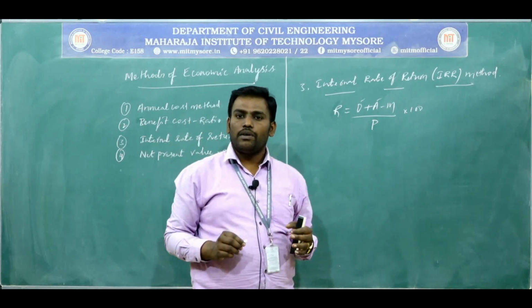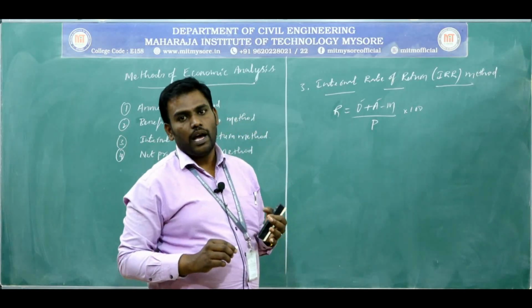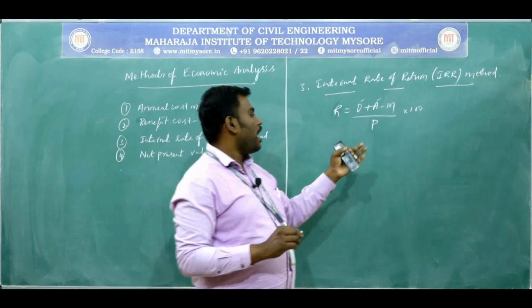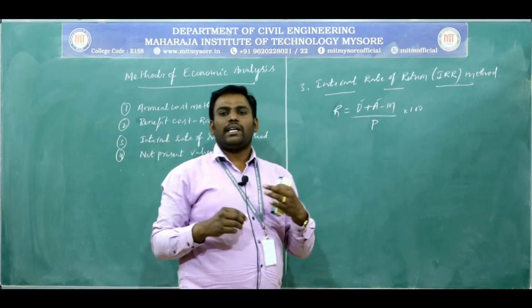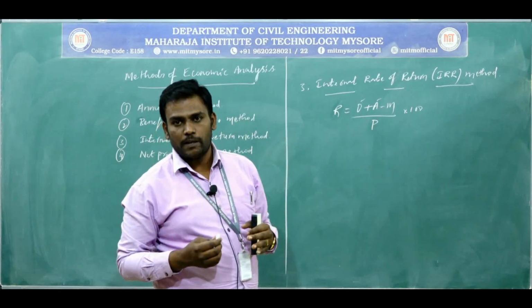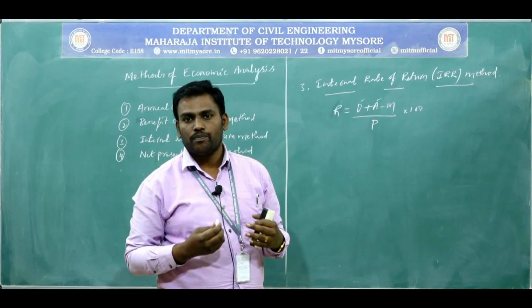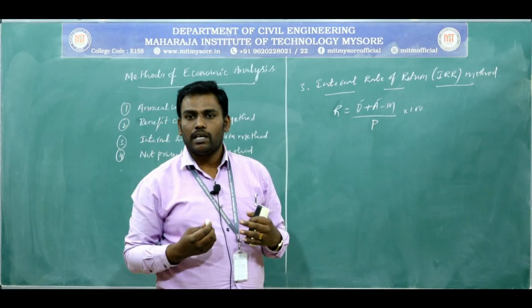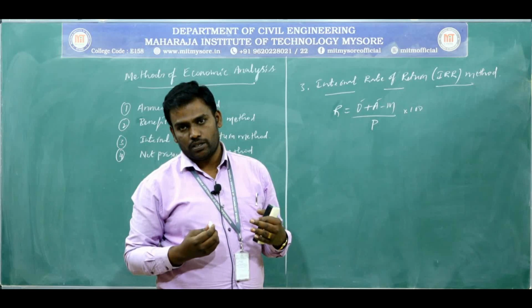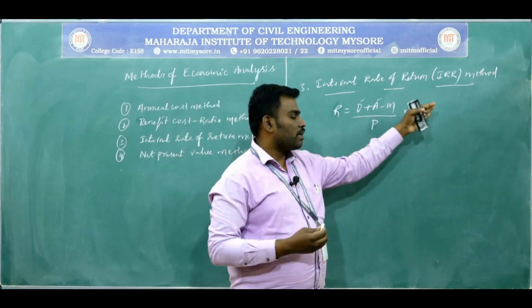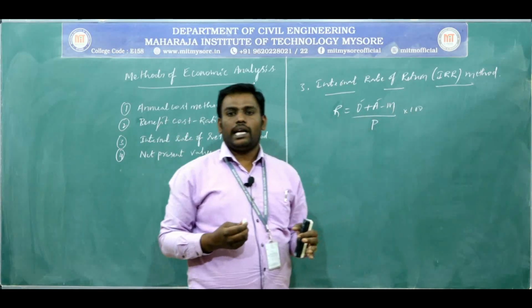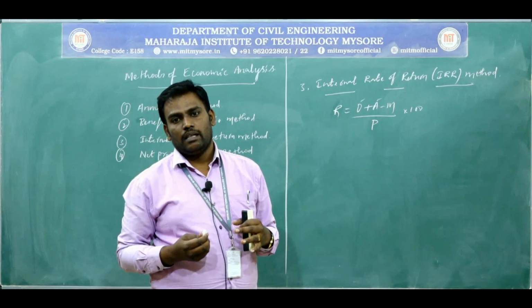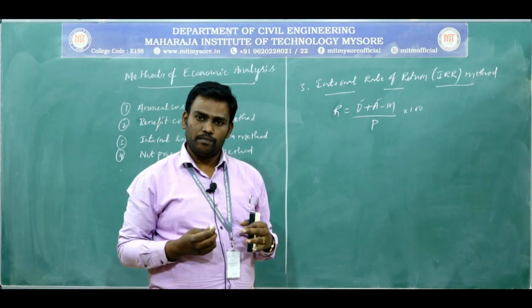P is the capital cost of improvement, that is investment cost. The whole thing multiplied by 100 will give the percentage of rate of return.